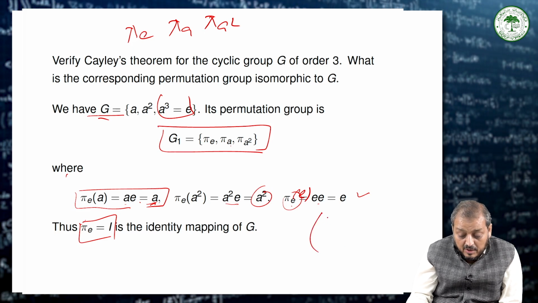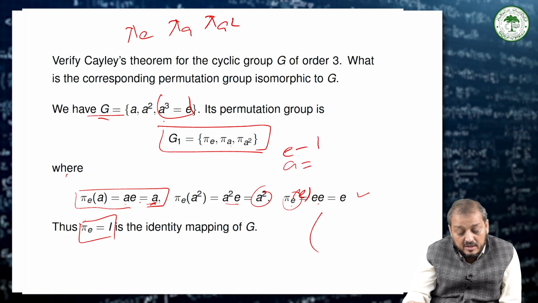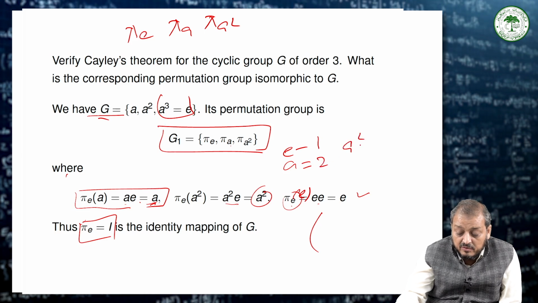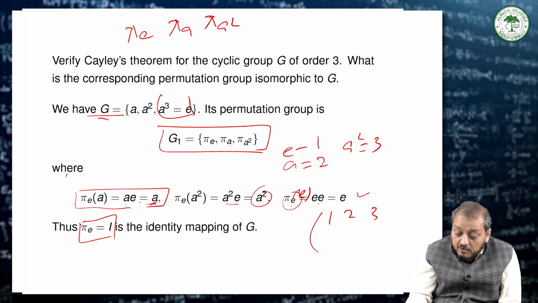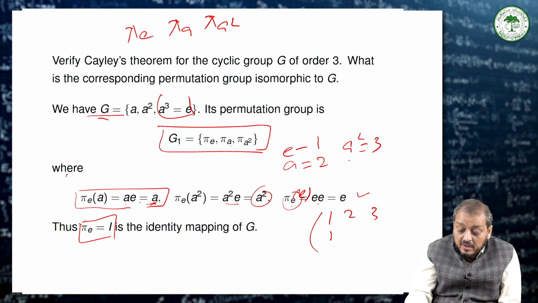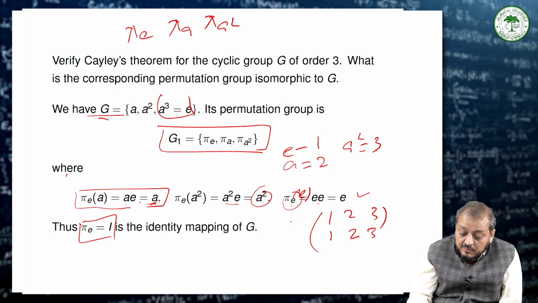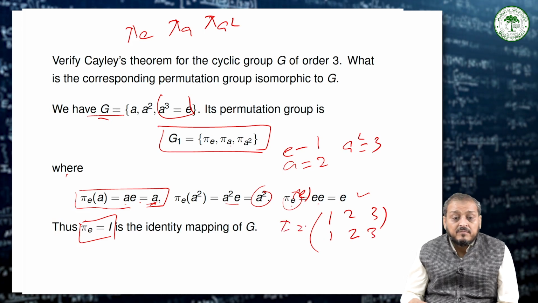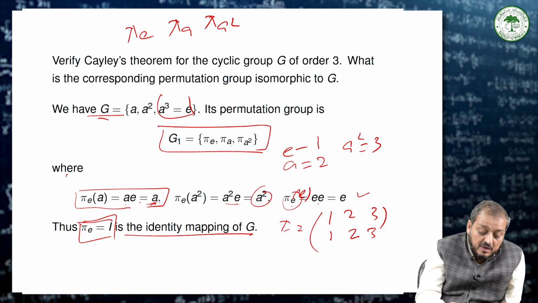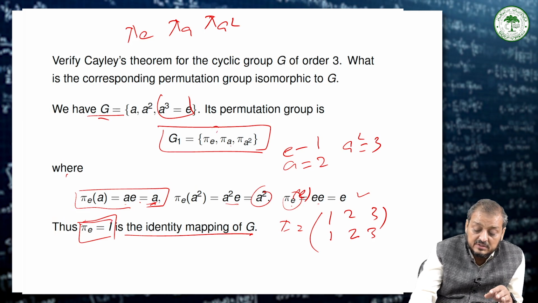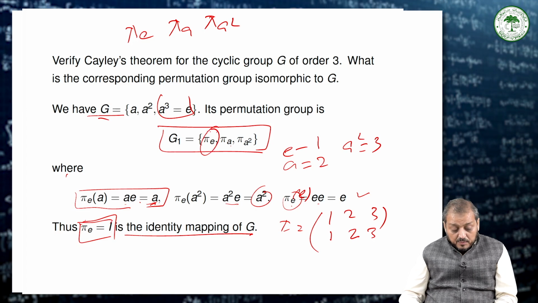If we write identity as 1, A as 2, and A square as 3, then it is 1 2 3, and phi of E sends 1 to 1, 2 to 2, and 3 to 3, which is the identity permutation. That is, phi of E is the identity mapping of G onto this form.